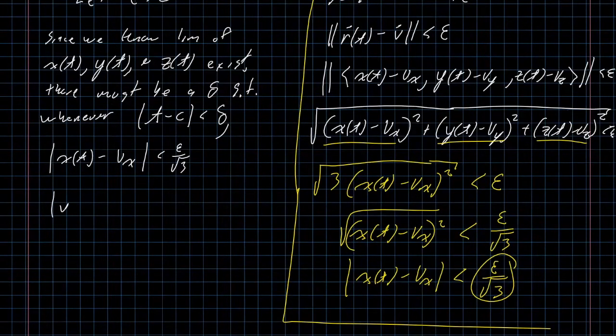The absolute value of y of t minus vy is less than epsilon over the square root of 3. And the absolute value of z of t minus vz is less than epsilon over the square root of 3.